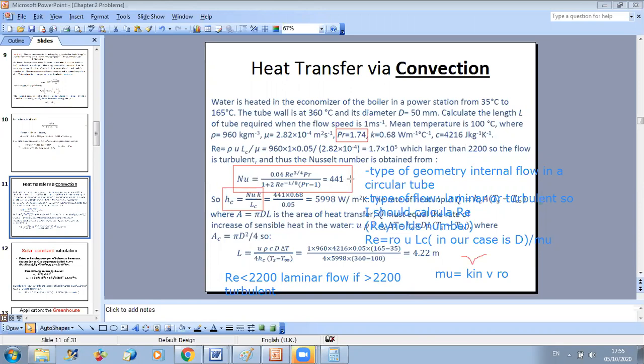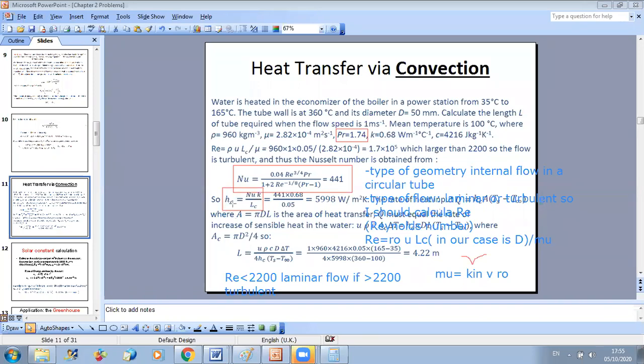Once I have Nusselt, I can deduce the convective coefficient, because as we said, Nusselt is defined as the characteristic length times the convective coefficient over K. Since I have Nusselt, I will use it to find h convection.